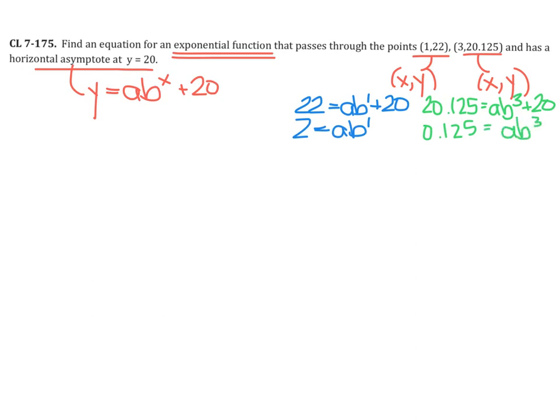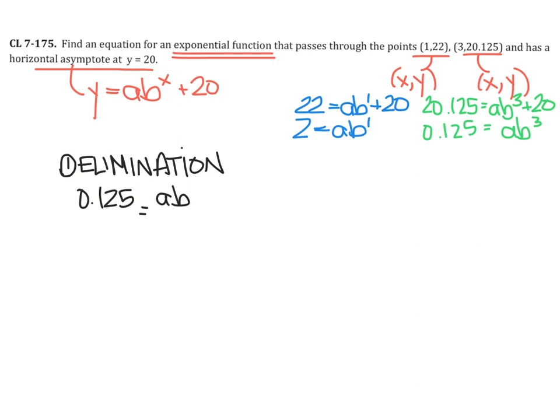And so one of the strategies that we could use with this system of equations is elimination. And we've done elimination before where we have added or subtracted our 2 equations together. I'm going to use elimination with division. We're going to divide these 2 equations, and that's going to help us be able to find b very quickly. So I'm going to start with 0.125 equals ab to the third, and I'm going to divide by 2 equals ab to the first.